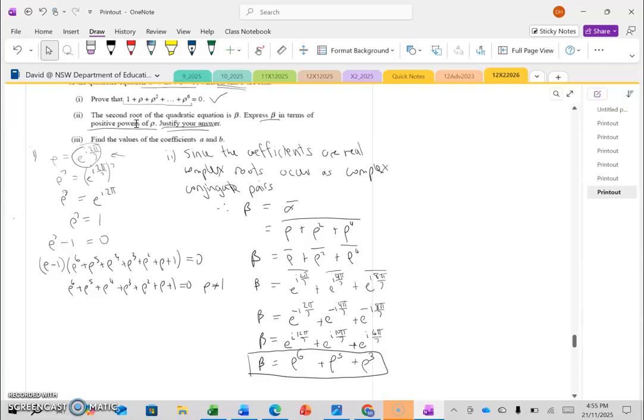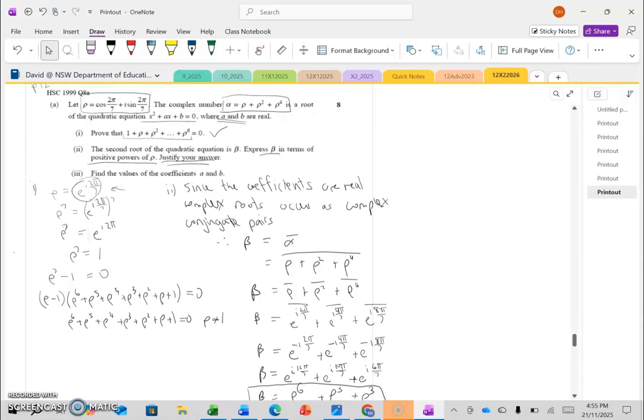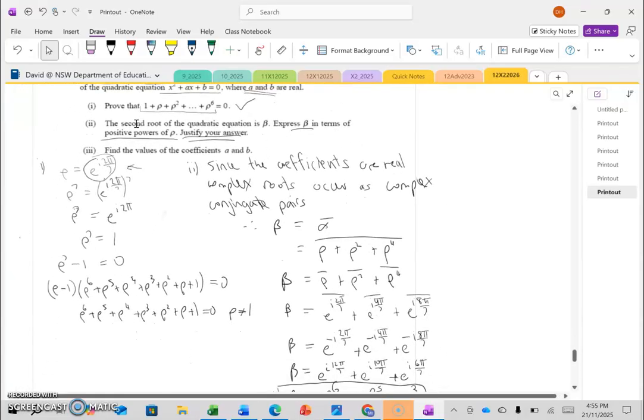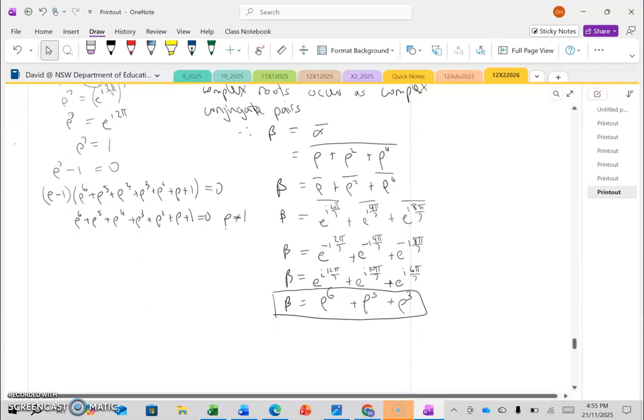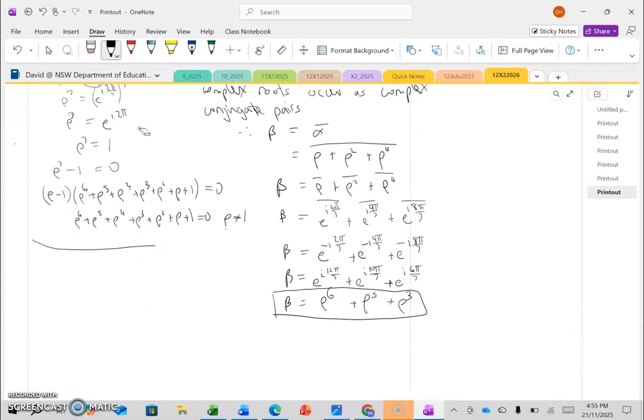Part 3, find the coefficients a and b in the quadratic. So we want to form the quadratic x squared plus ax plus b. And we know that the roots are alpha, which equals rho plus rho squared plus rho to the 4, and beta, which is rho cubed plus rho to the 5 plus rho to the 6.